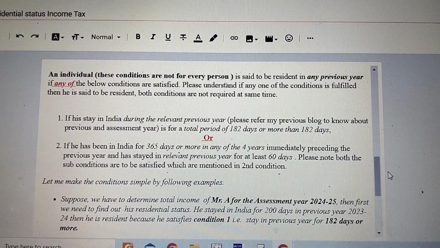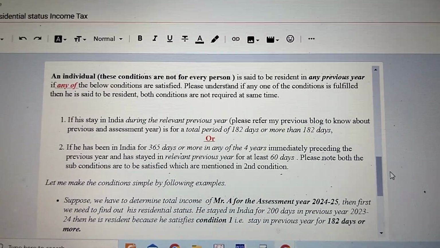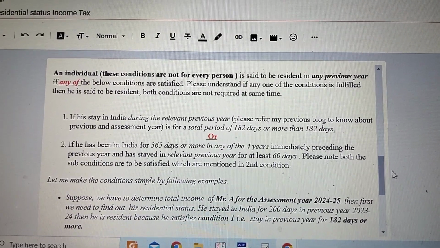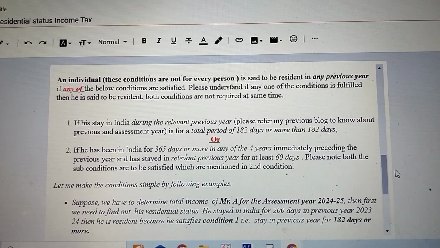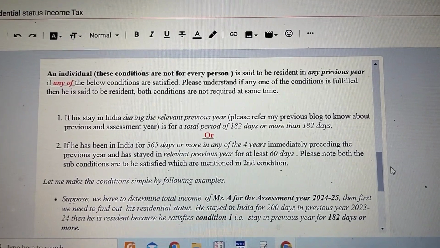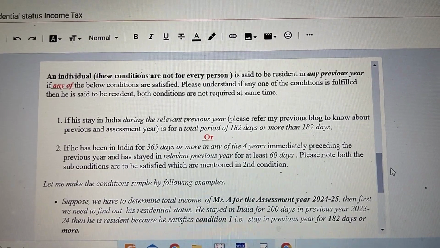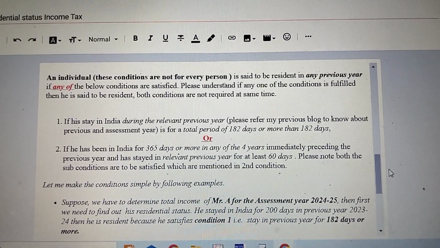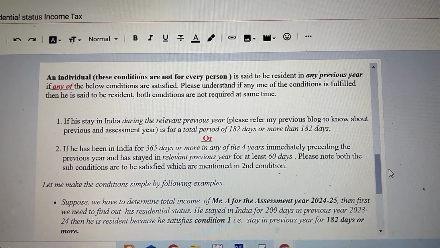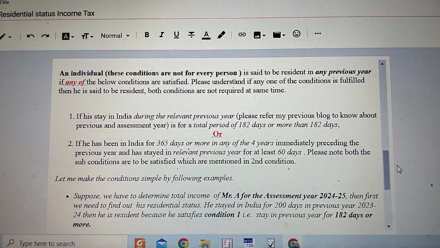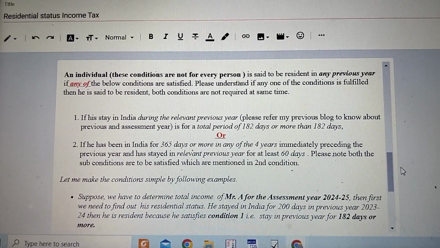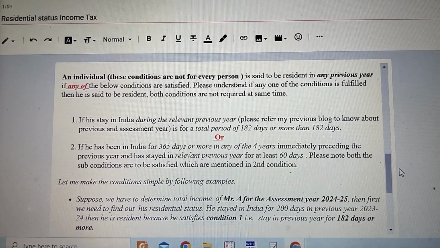Previous year means the year in which we have earned the income. For understanding the criteria, I'm just saying that the year in which you are earning income is the previous year, and for that year we assess the tax in the next year.